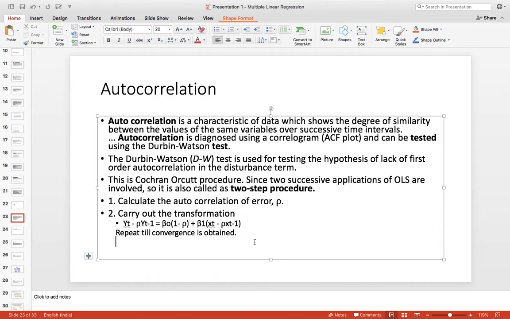So the Durbin-Watson statistic, dW, is equal to 2 into 1 minus rho.